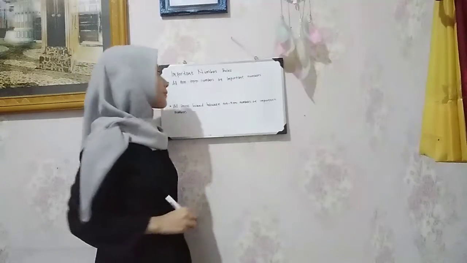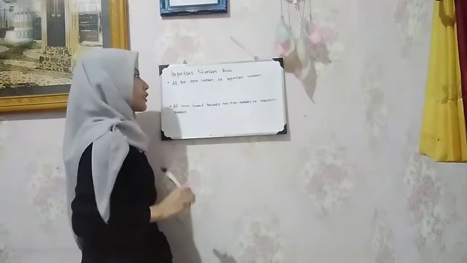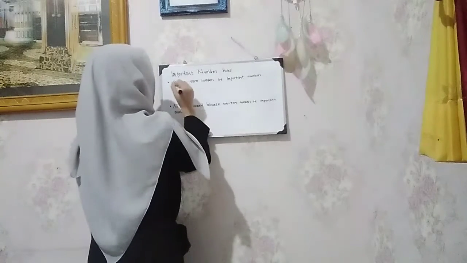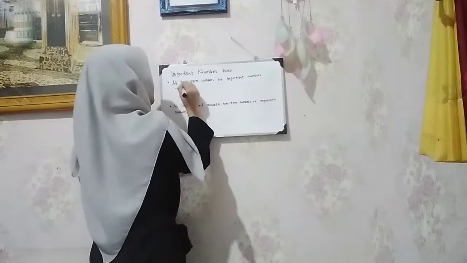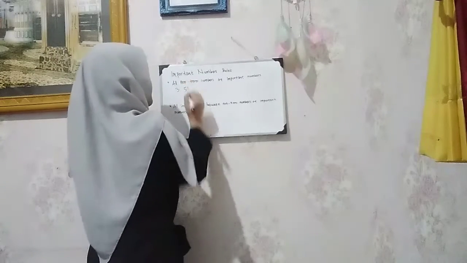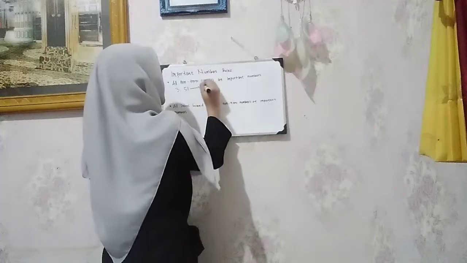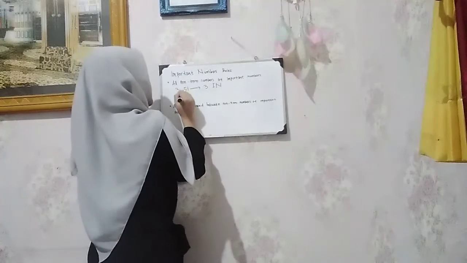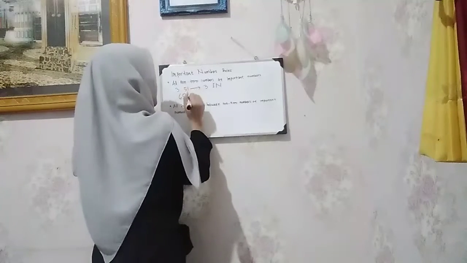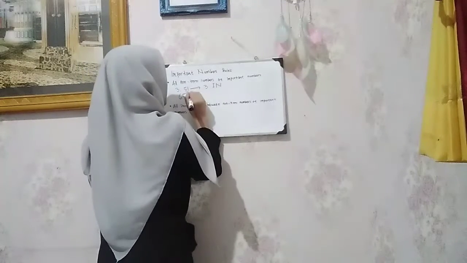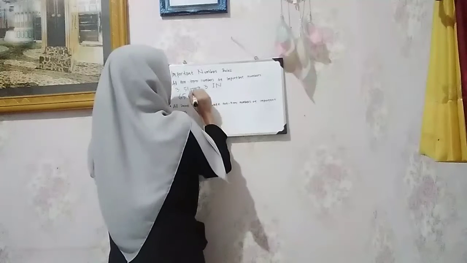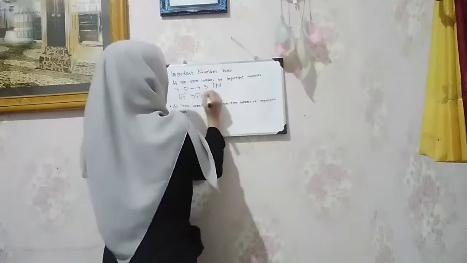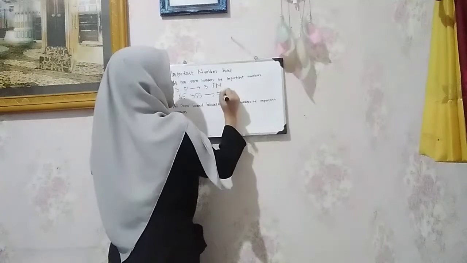Important numbers rule. All non-zero numbers are important numbers. For example, 3.51 has three important numbers. 65.353 has five important numbers.